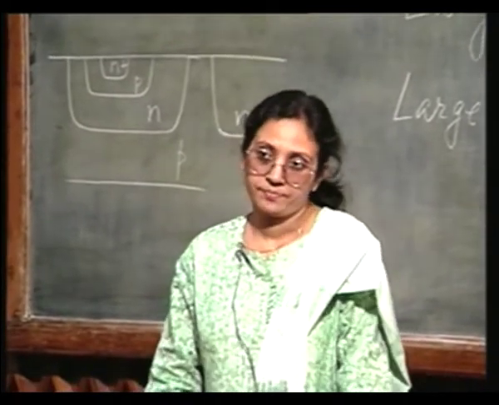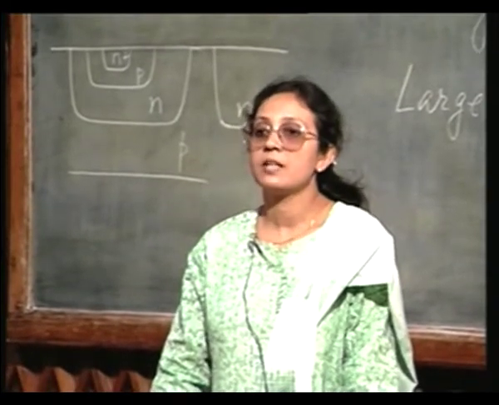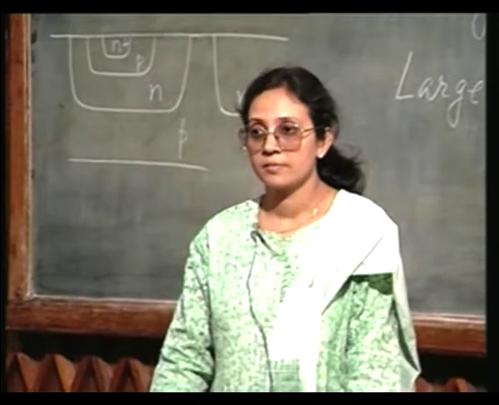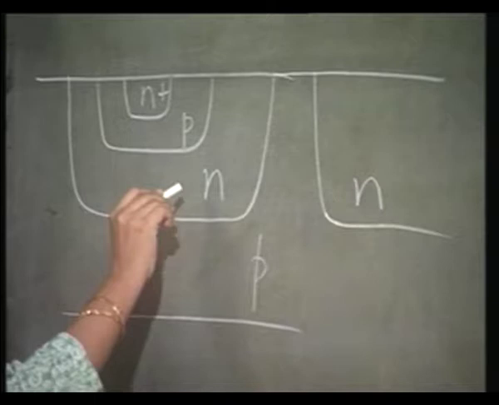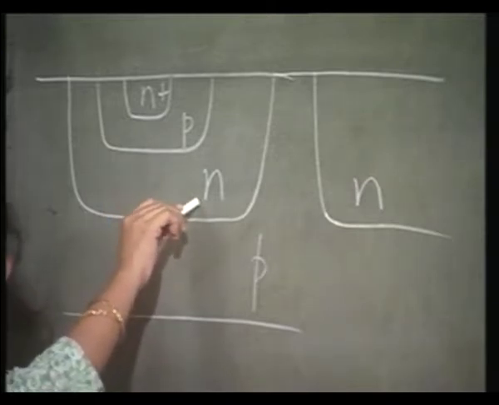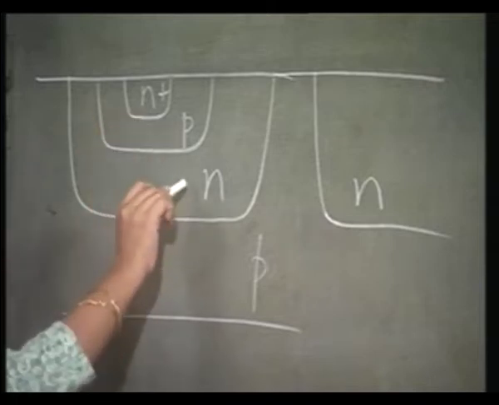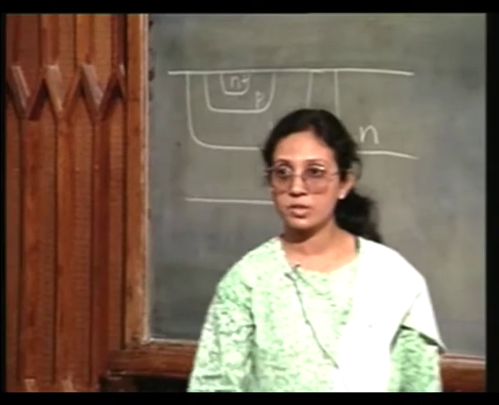But at what price? The price you pay is in terms of collector resistance, because now you have 3 successive diffusions. Obviously, the n doping concentration has to be the smallest of these 3 regions, because you are doing successive diffusions, right.